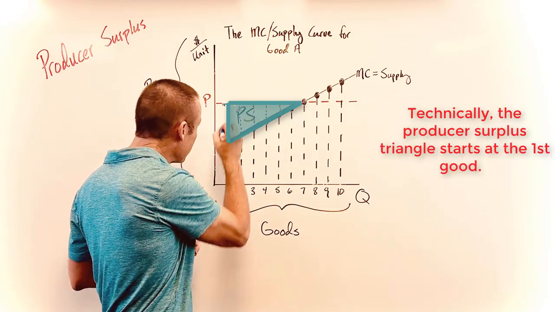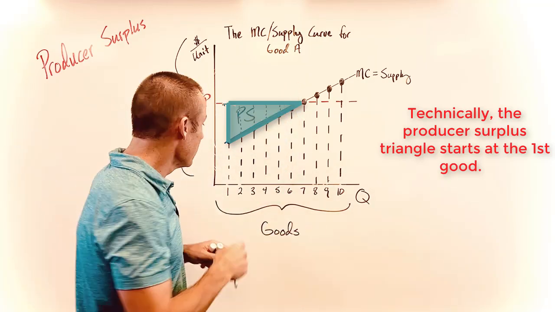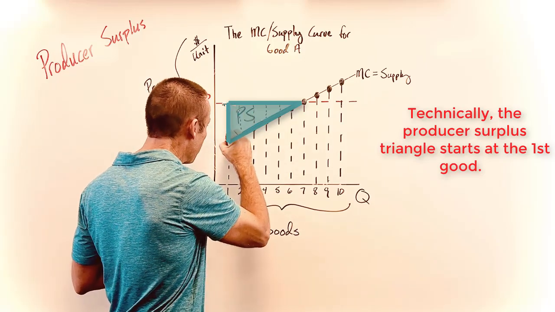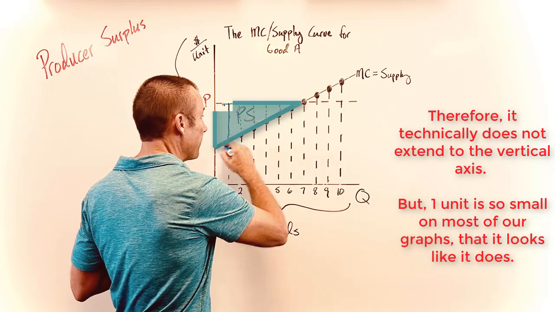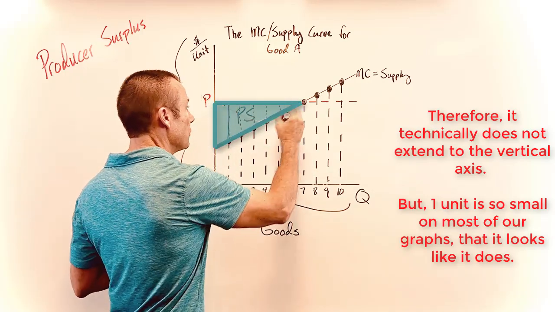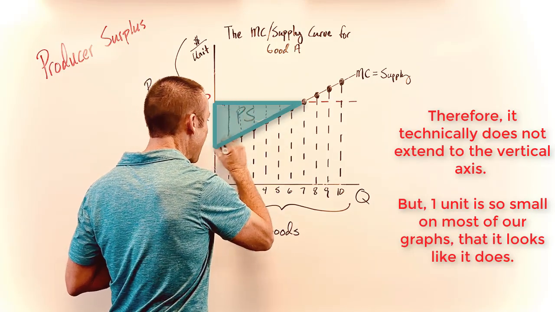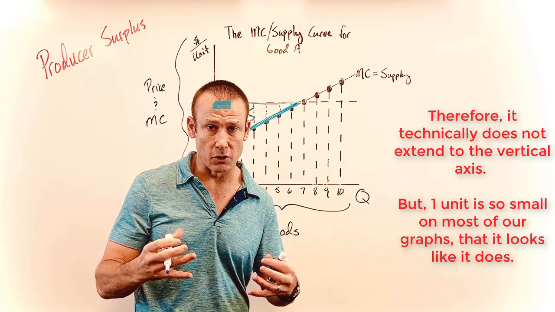There is your producer surplus. And if you take it all the way to the axis when you're doing a big graph that might have hundreds of thousands of dots, nobody cares. But since I've got a zoomed in graph, I'm actually stopping right there. But again, oftentimes when you're doing it with one that has hundreds of thousands of goods, you'll just see people just go all the way to the axis and say, there it is. That triangle right there is the producer surplus, guys.